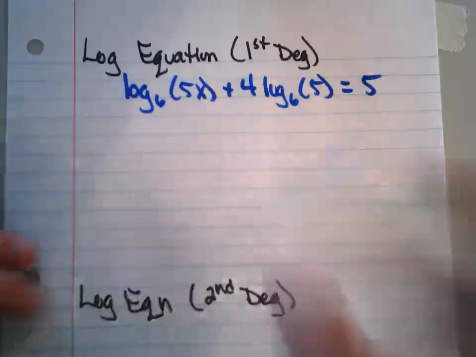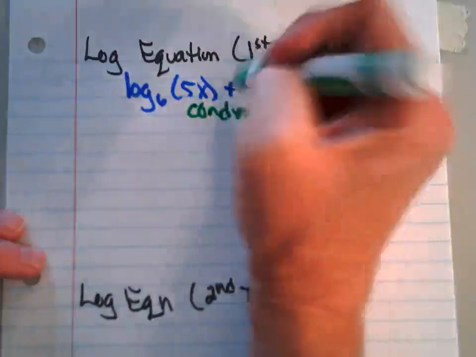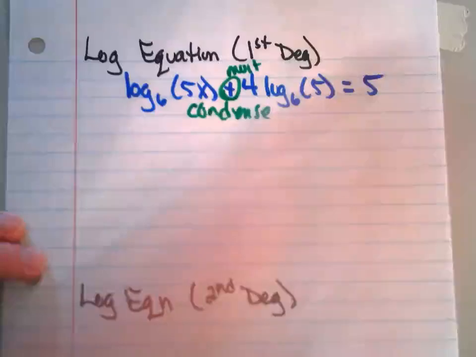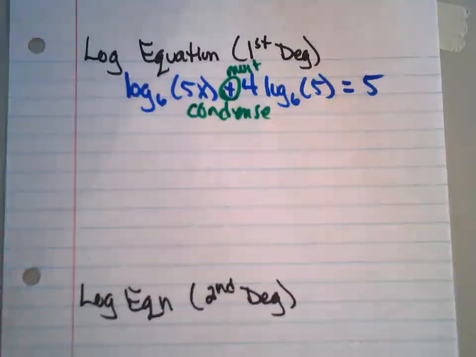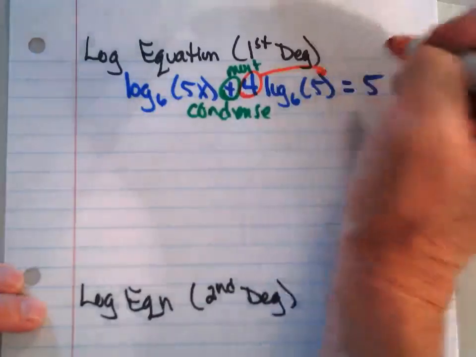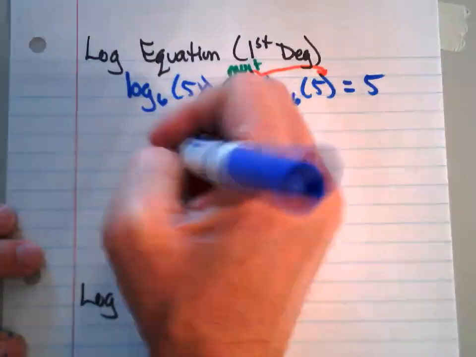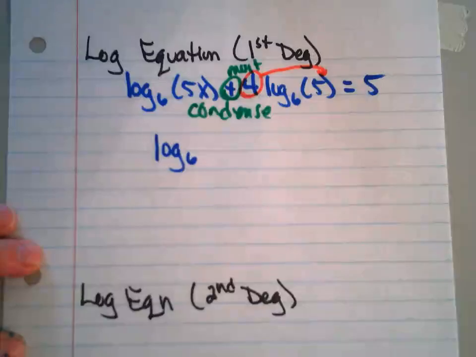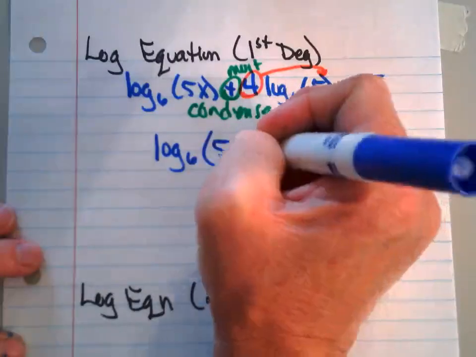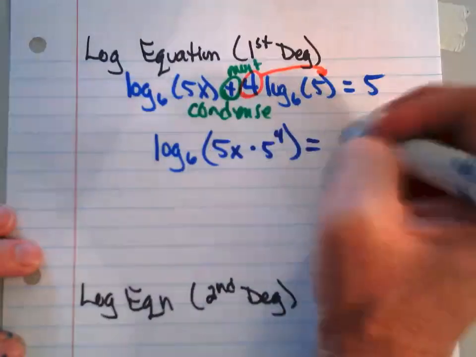So we're going to have to condense. The addition tells us that we're going to do a little multiplication. We have a coefficient, so it has to become the exponent of 5. After we condense, it looks like this: log base 6 of, big parentheses, 5x times 5 to the 4th, equals 5.